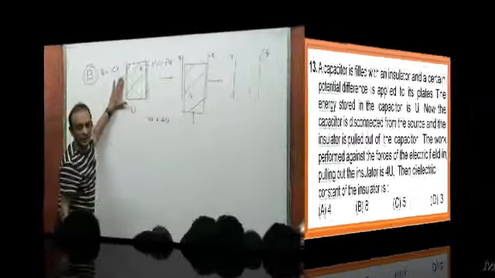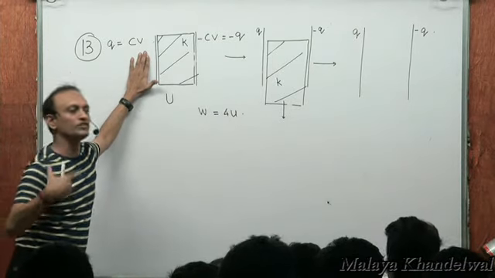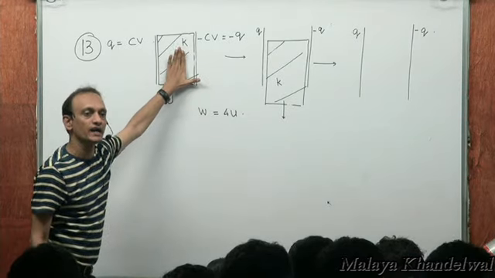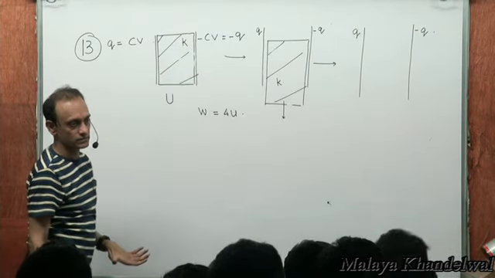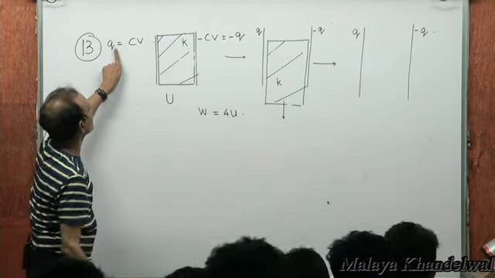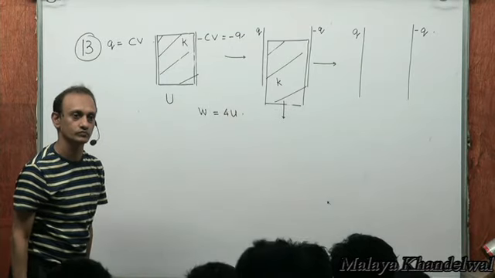So there is a capacitor that is charged by a battery of EMF V volts, and there is a dielectric constant K between the plates of the capacitor. If it's charged using a battery of V volts, the charge on the two plates is going to be CV and -CV, Q and -Q, right?